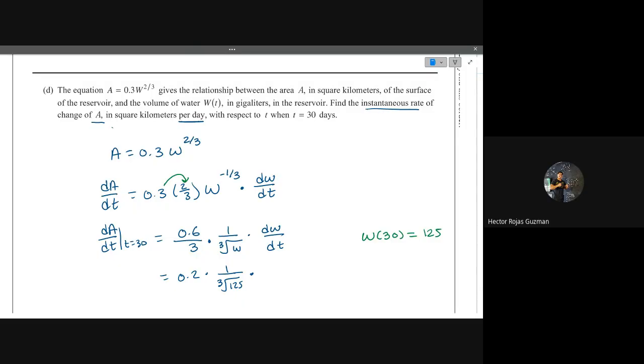Oh, and I can actually go back to the problem and figure out what that is, because we're trying to figure out W prime at 30. That we can find on the table. So times 0.5.